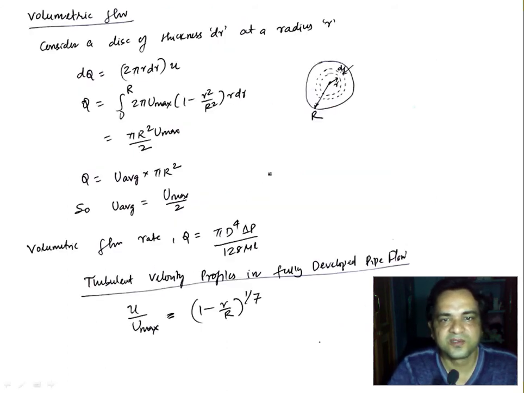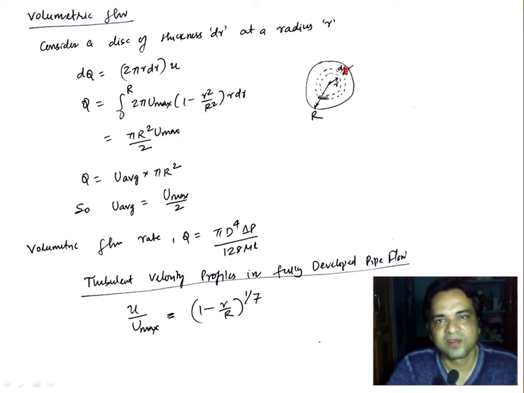Once we know the velocity profile, we know the velocity at a cross section, then we can multiply the velocity with the cross-sectional area to get the volumetric flow rate. So how to find out? Again, consider a small elemental ring at a distance r of thickness dr in a cross section.